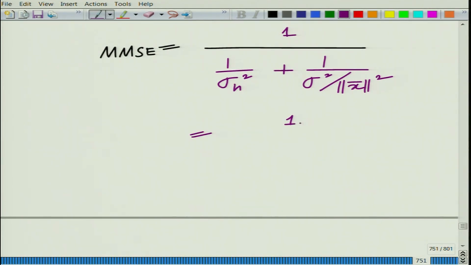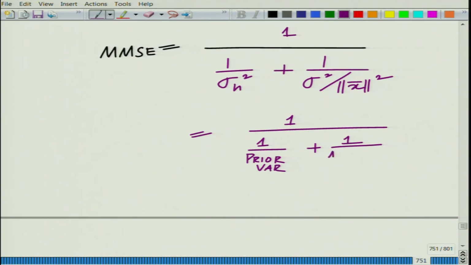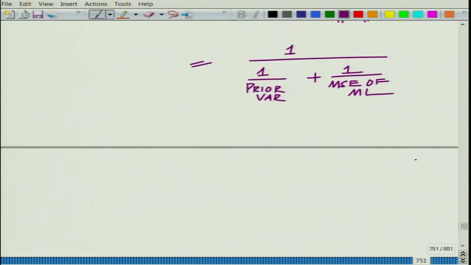So, this is 1 over prior variance plus 1 over MSE of ML. So, essentially this is the harmonic mean.